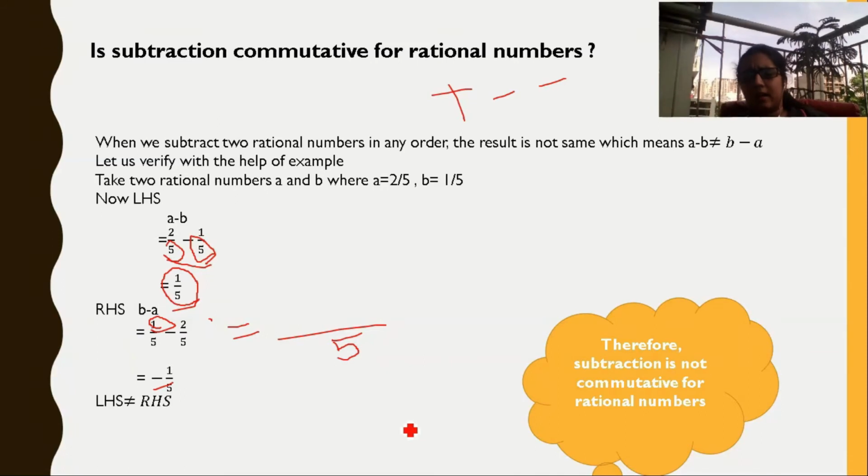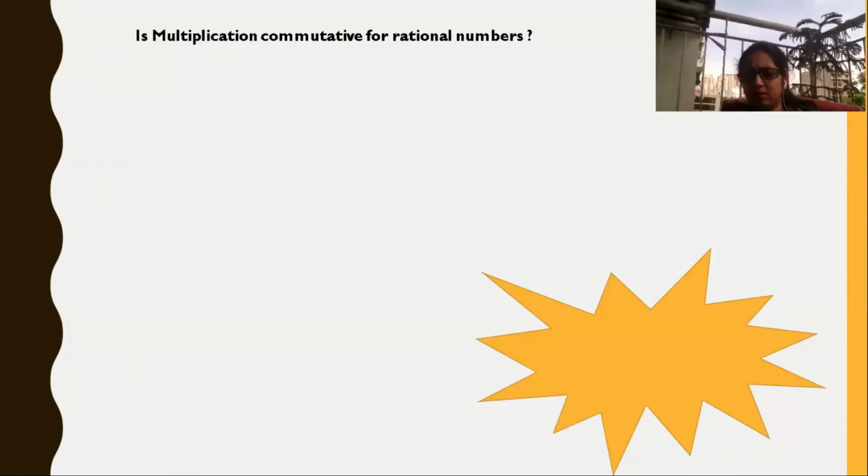And in the next step, we will check: is multiplication commutative for rational numbers? It means when we multiply two rational numbers in any order, whether we get the same result or not. Let's clarify with the help of an example. We will take two rational numbers a and b.